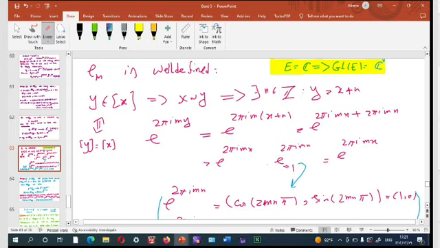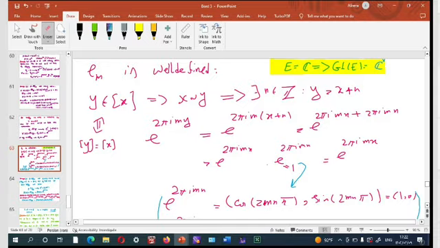Instead of y we write x plus n, and this is equal to this multiplication, but this is equal to the first factor only, because e to the power of 2 pi i m n equals 1.